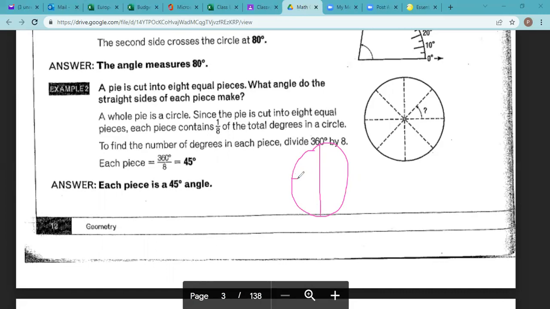If we had 4 pieces, we would then take 4 and divide it into 360 degrees, right? But if you've got 8 pieces, just like in the above example, we're going to take 8 and divide it into 360 degrees.